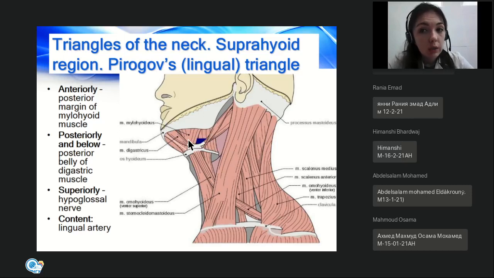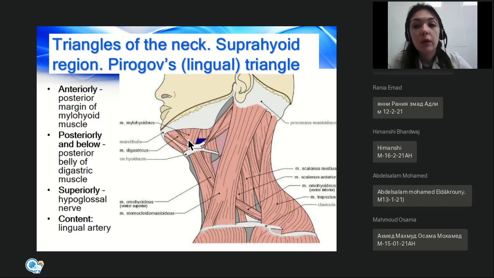In this triangle, the lingual artery passes very superficially, right under the skin. This place is used by surgeons in case of any surgeries on the tongue. Lingua in Latin means tongue. The lingual artery supplies the tongue, and it is the main and the only source of blood supply of the tongue.